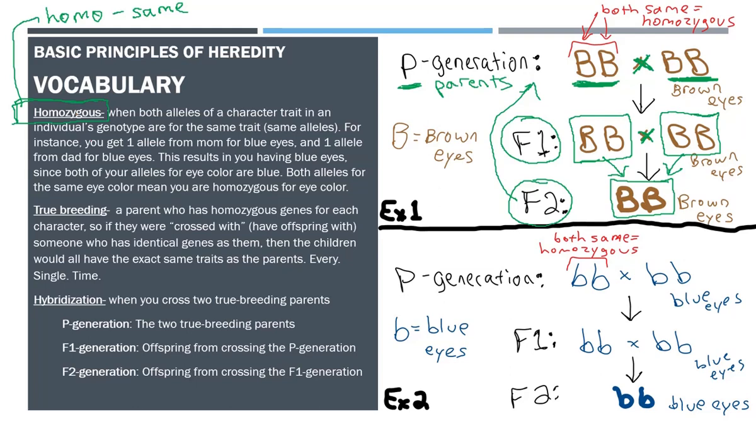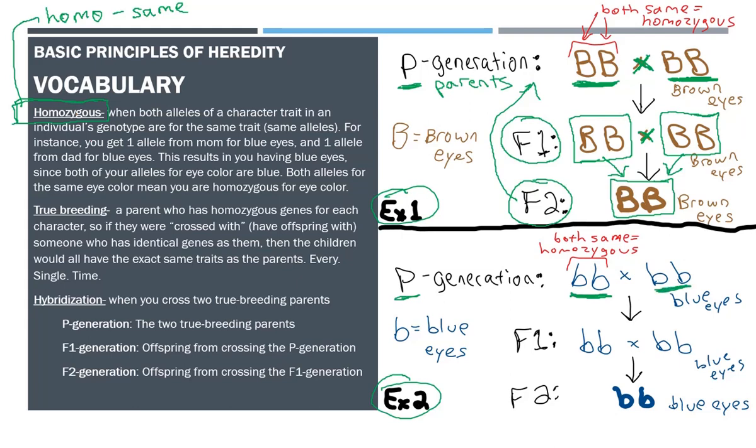And that's example 1. Now down here in example 2, we have the P generation, P for parent, and these parents are homozygous, but in this one, this parent is homozygous for the recessive gene for blue eyes. So both of their alleles for eye color stand for blue eyes.